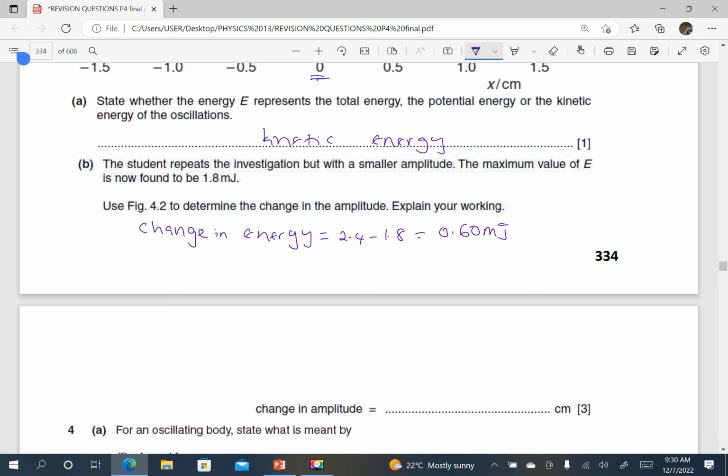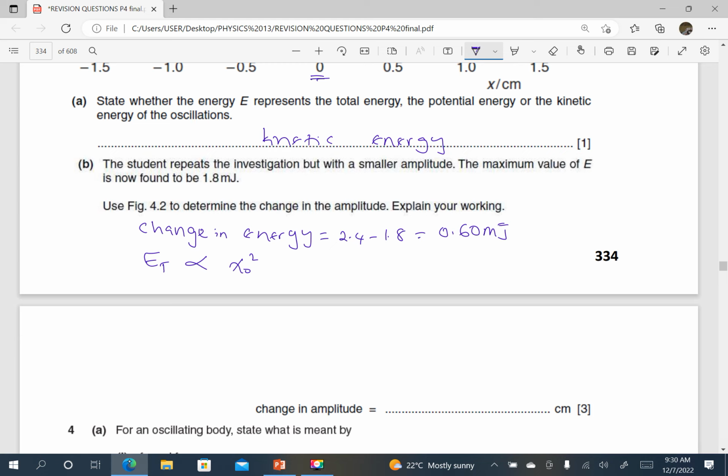Maximum energy, E total, is directly proportional to amplitude squared, that is x naught squared, which is the amplitude.